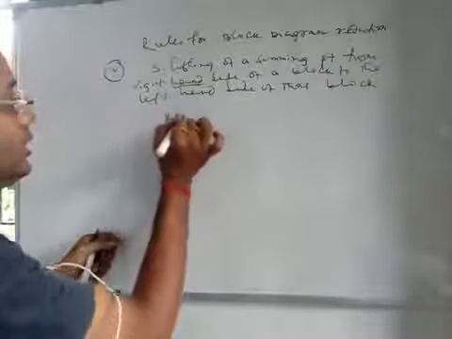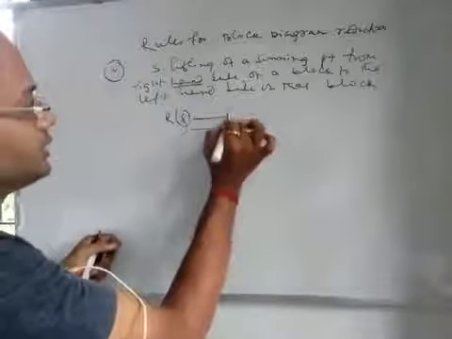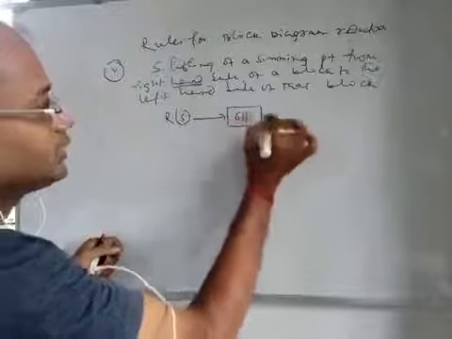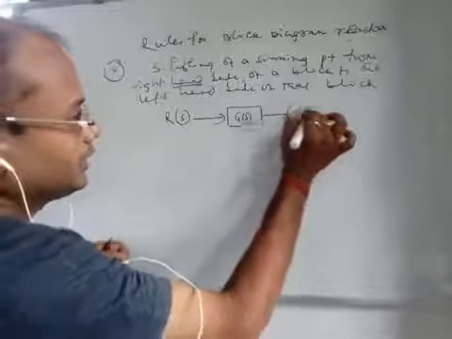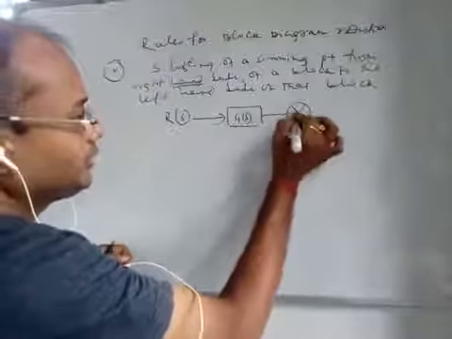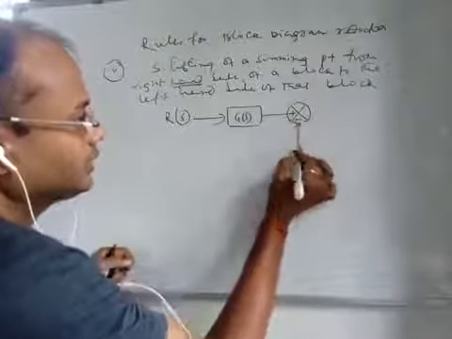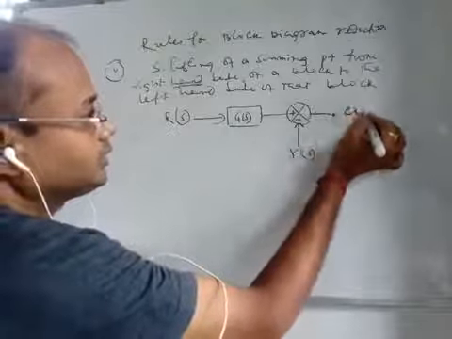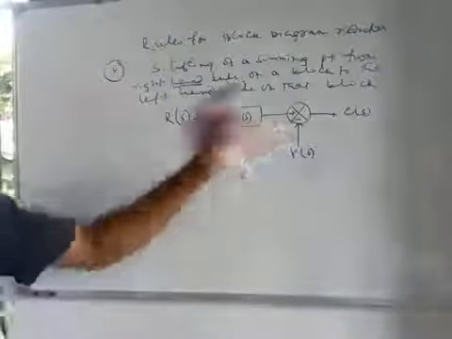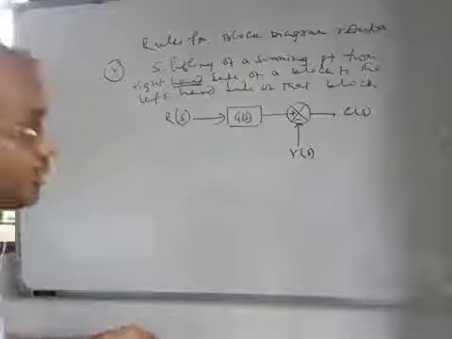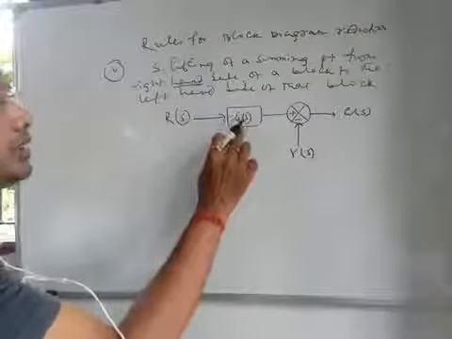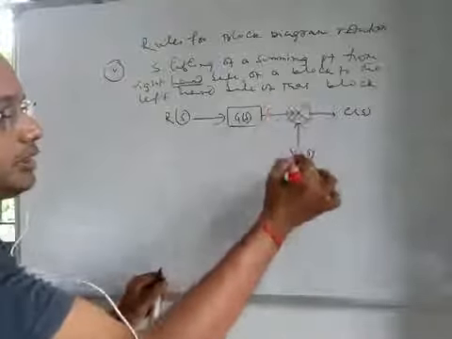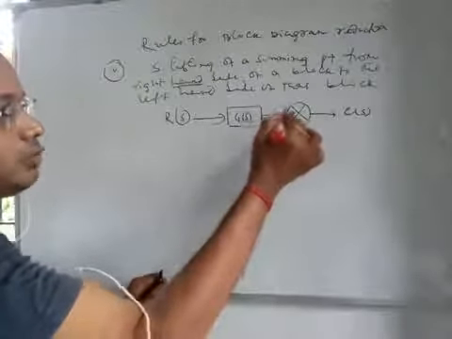First initial value, that is RS, this is GS. Say a summing point is taken. Say maybe this is your YS, that is your CS, right? That is a summing block. Summing block is placed at the right hand side of the block GS. Now this summing block is connected to another. That means the summing block has two ports.